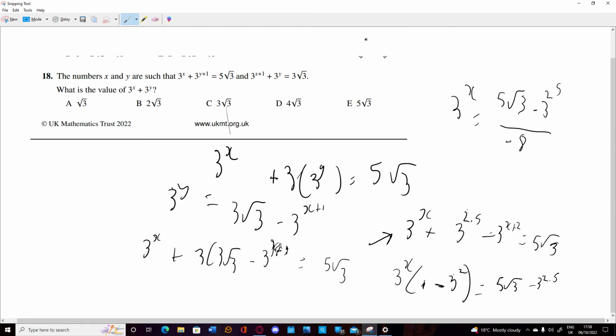Did I go wrong somewhere? But anyways, 3 to the y is equal to 3 root 3 minus, oh, we can turn it to add 3 over 8 lots of 5 root 3 minus 3 to the 2.5.